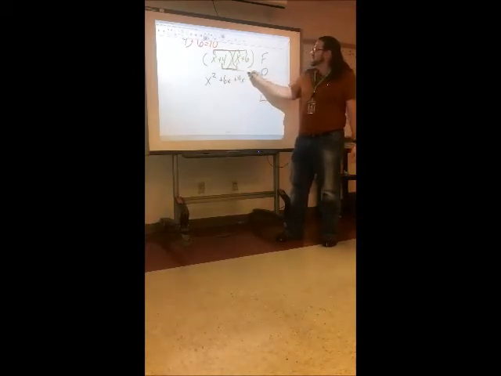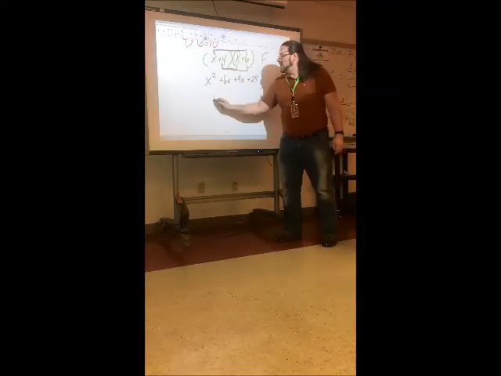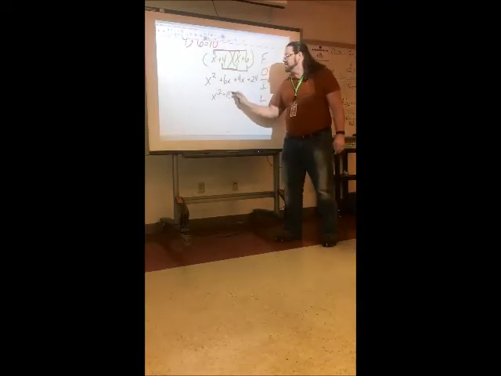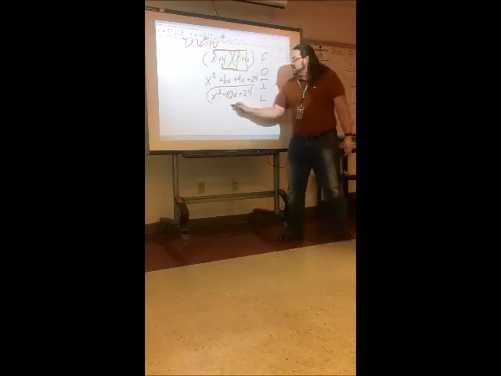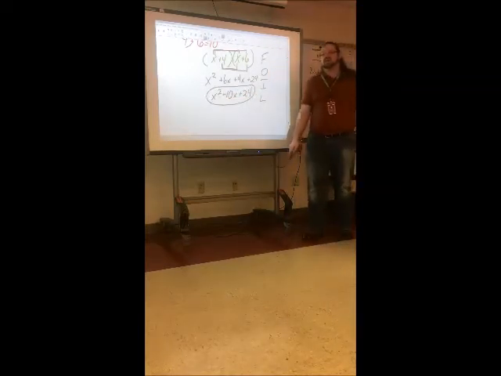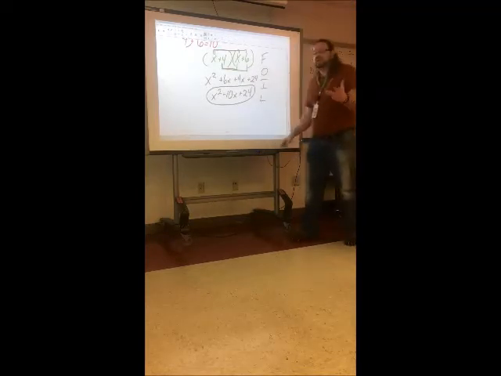And then 4 times 6 is plus 24. Combine like terms, and you get x squared plus 10x plus 24. And that's how you would check and make sure your answer is correct. It's as easy as that, but like all things, it takes practice.